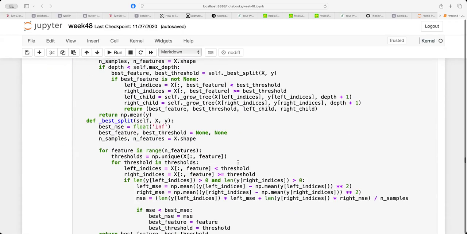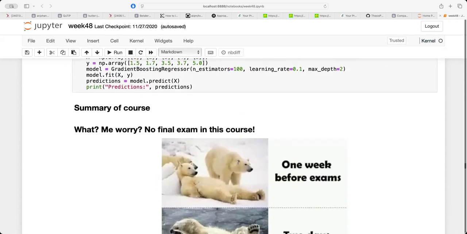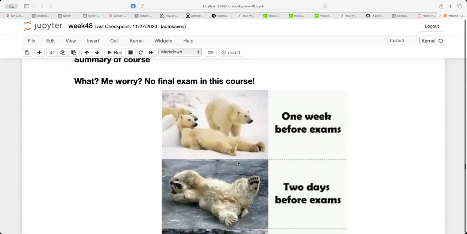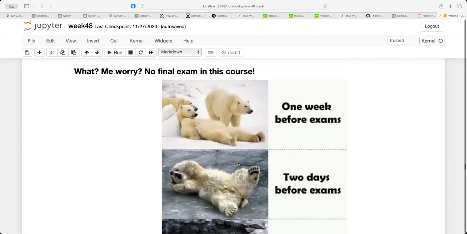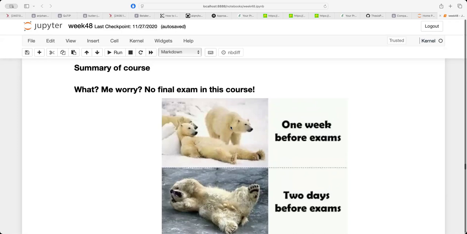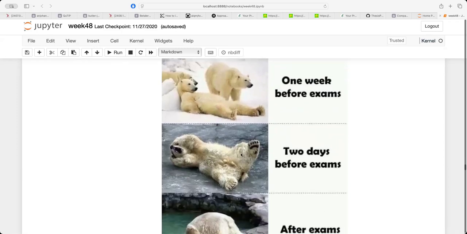So let me just scroll down here a little bit. Okay, so a quick summary. And I actually love this figure here because that reminds me of me when I was a student. And one week before the exam, I looked like this. Two days before, I was like this.